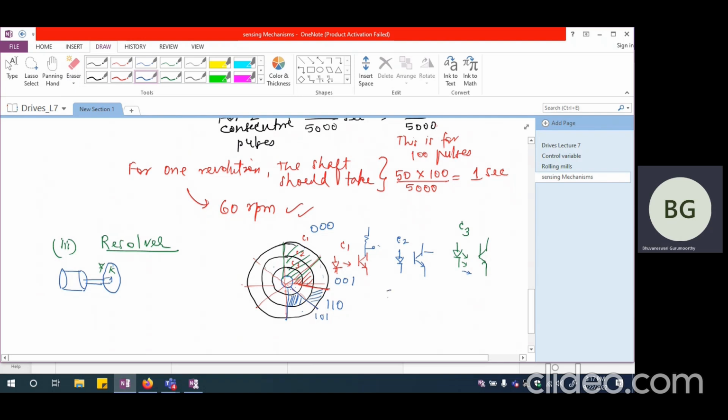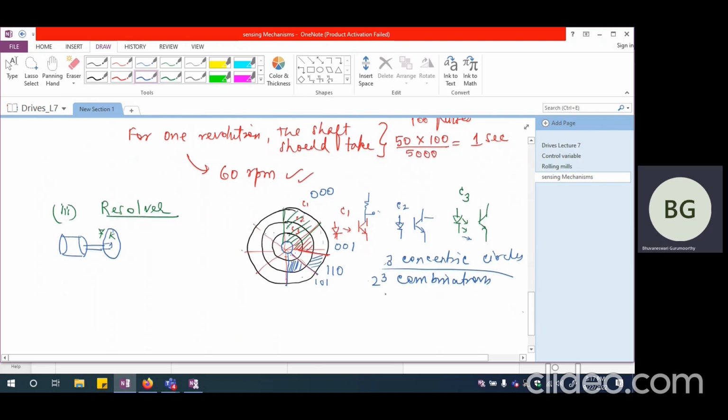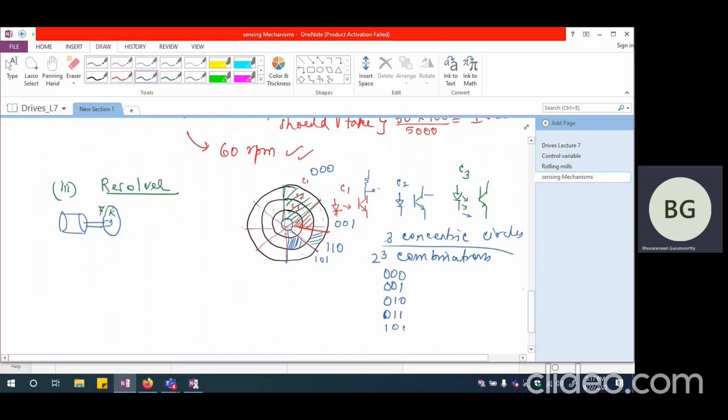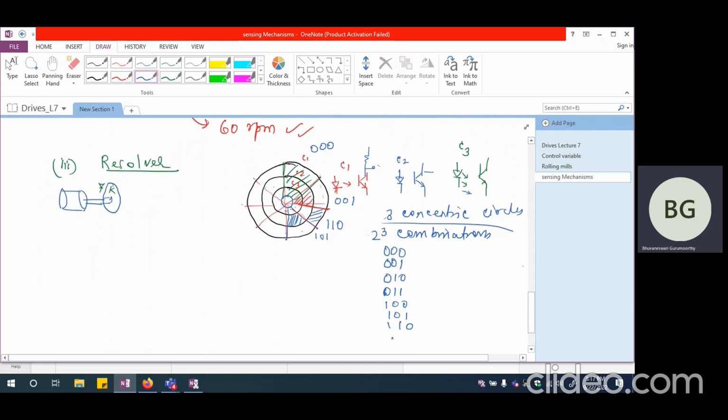Essentially, there are three concentric circles here, so there can be 2 power 3 combinations, or 8 combinations: 0, 0, 0, then 0, 0, 1, 0, 1, 0, 0, 1, 1, then 1, 0, 0, 1, 0, 1, 1, 1, 0, and 1, 1, 1. So 8 combinations are possible.